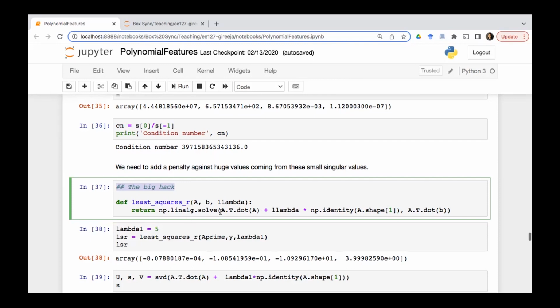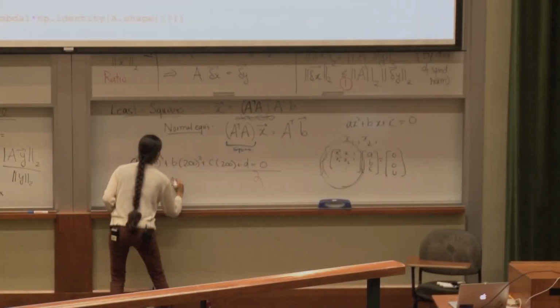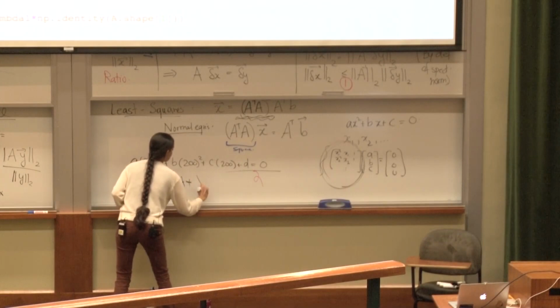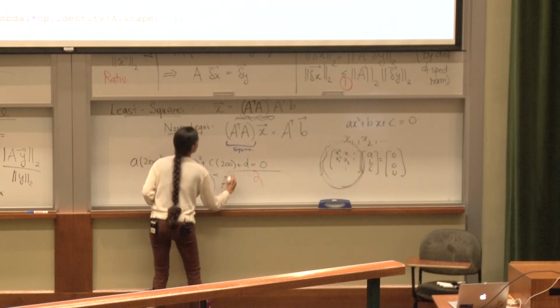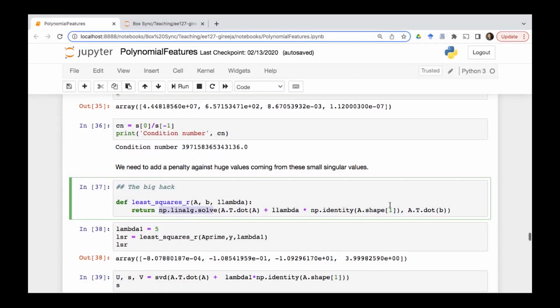So what I'm going to do is add a constant to my solution to least squares. Instead of solving A transpose A inverse, I'm going to solve A transpose A plus lambda I inverse times A transpose B. That's what this line of code is doing.